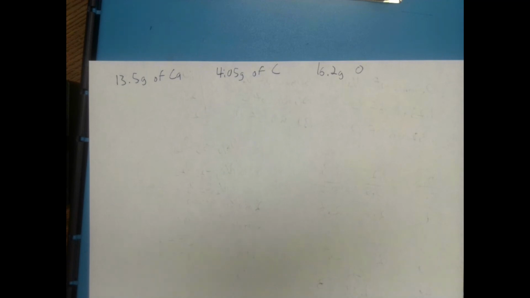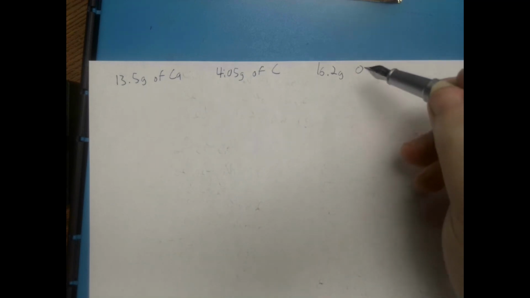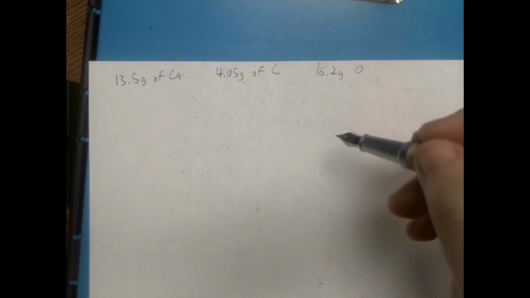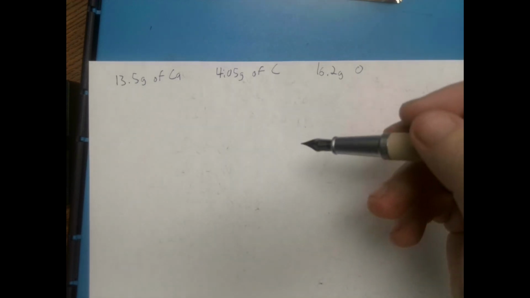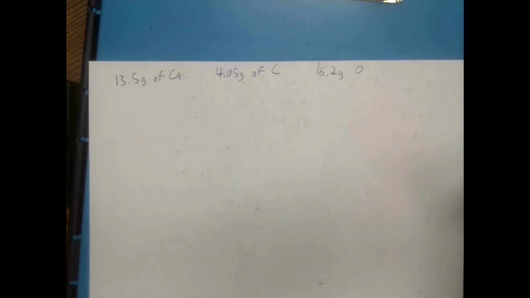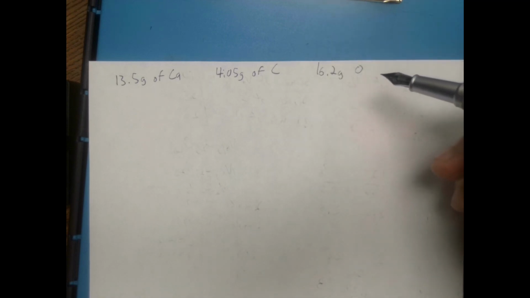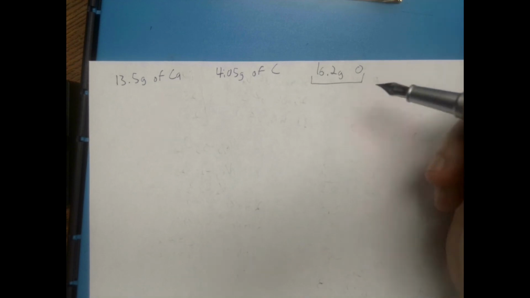So what I did was burn it, or I did something that removed all the oxygen. I reacted it with something, and all the oxygen was knocked off. And I measured this new mass, taking into effect how much mass I added by putting an acid to it, and realized 16.2 grams is missing. So I know it has 16.2 grams of oxygen.